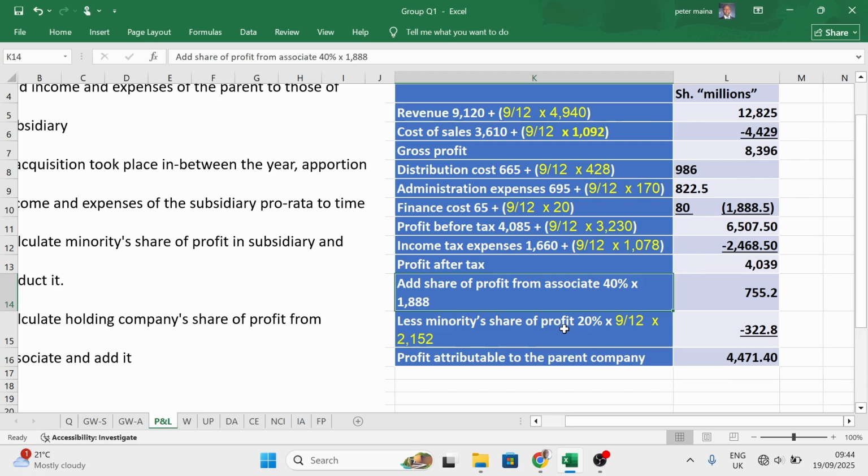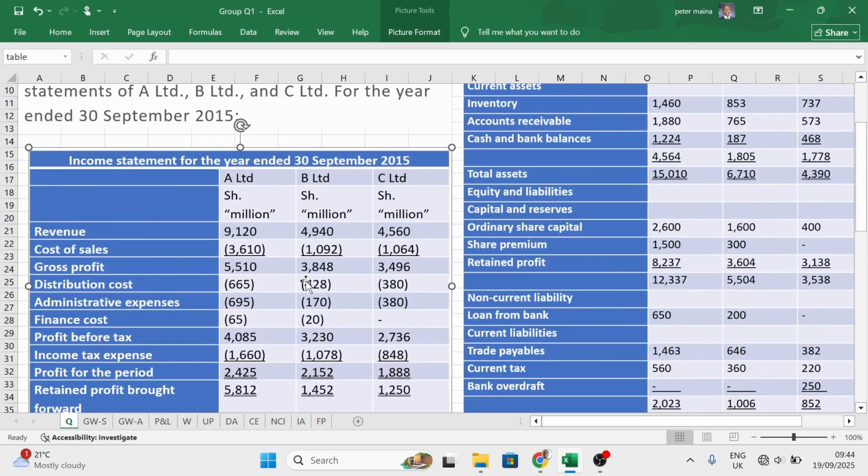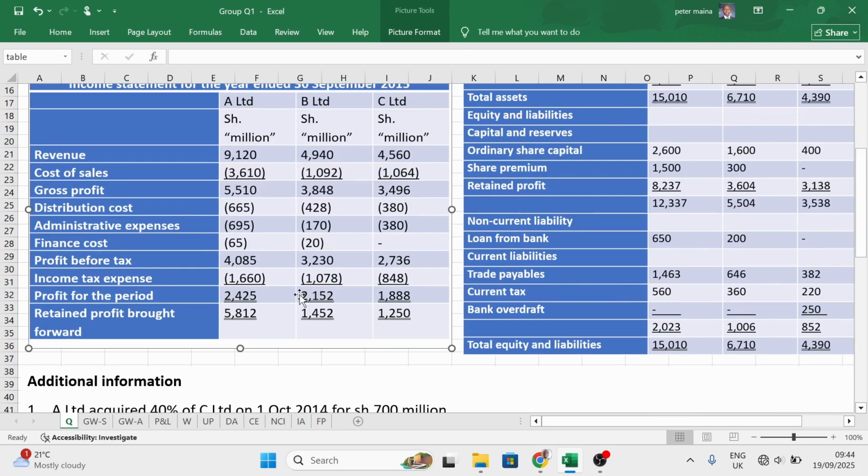So the minorities claim 20% of the profit made by the subsidiary. The profit made by the subsidiary in the current year after tax is provided in the profit and loss statement from the question. So profit for the period, this is after tax, for B Limited was 2152.